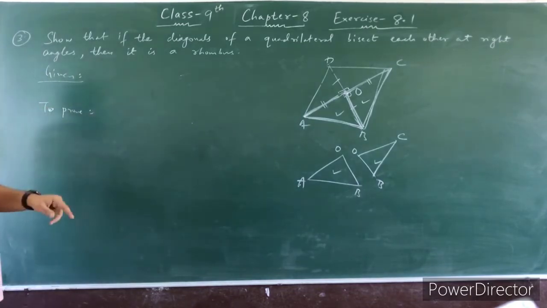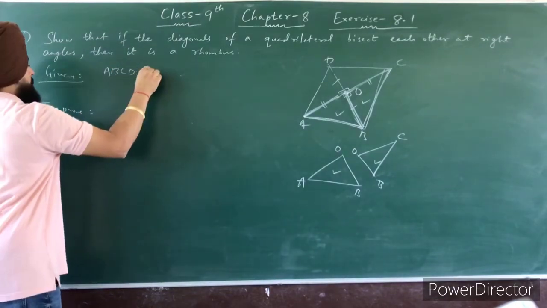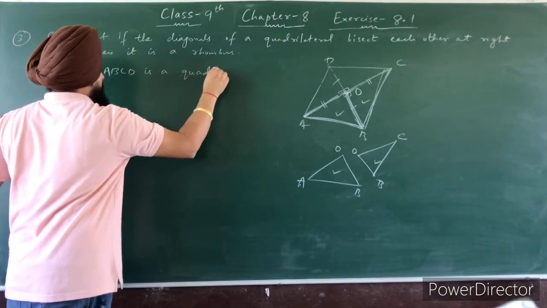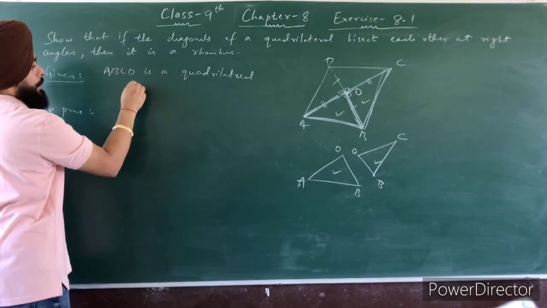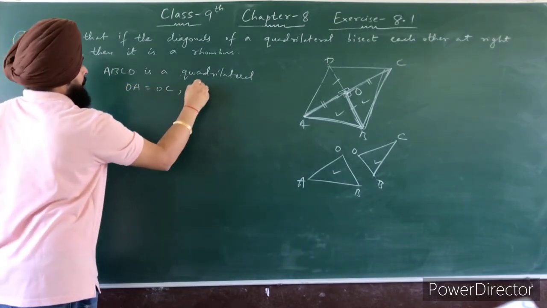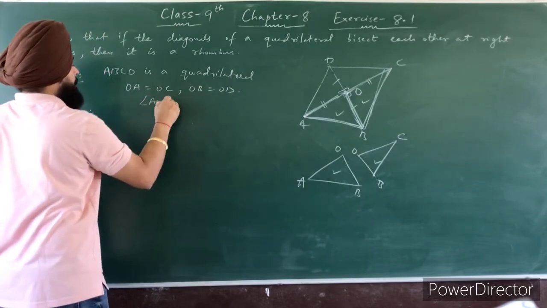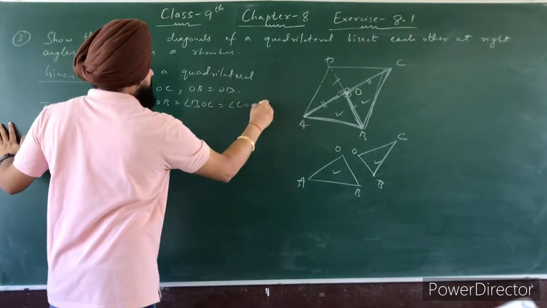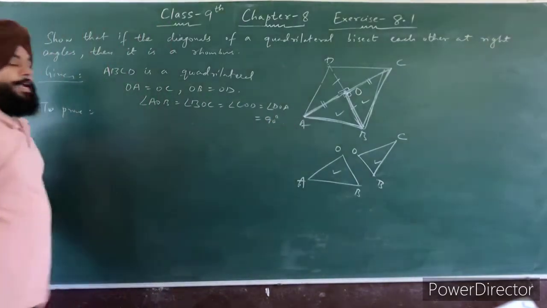What is given? ABCD is a quadrilateral in which OA is equal to OC and OB is equal to OD, and angle AOB equal to angle BOC equal to angle COD equal to angle DOA is equal to 90 degrees.